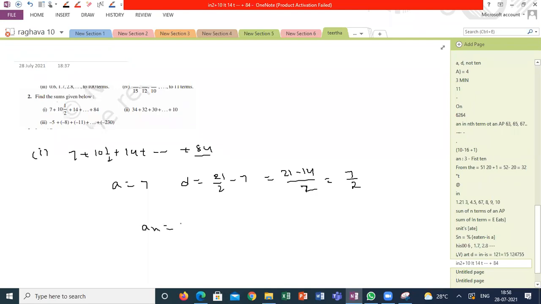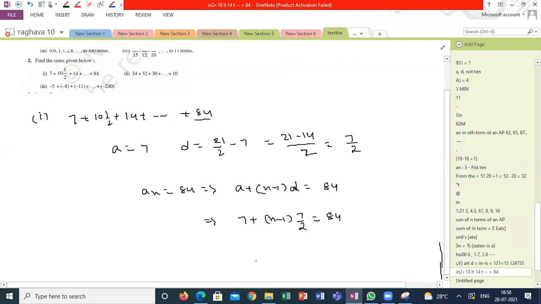So AN is equal to 84. That means A plus N minus 1 into D is equal to 84. From here, A is equal to 7, D is equal to 7 by 2. So N minus 1 into 7 by 2 is equal to 84 minus 7, which is 77.